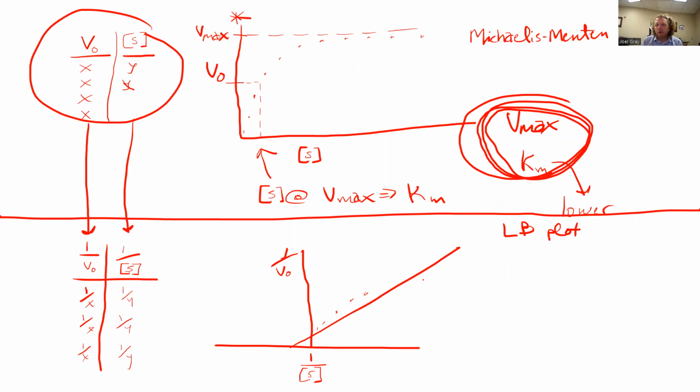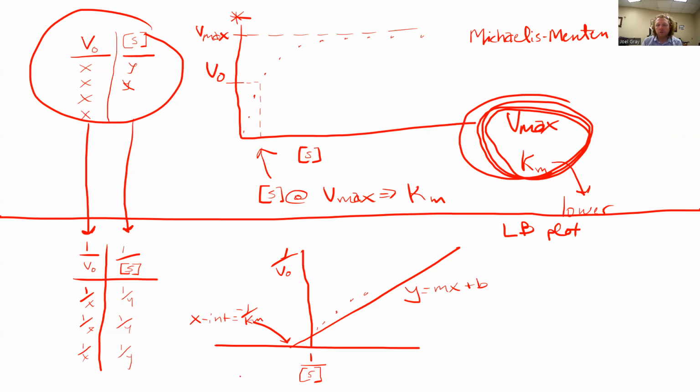Whenever you plot a graph and come up with a line of best fit, you'll come up with y equals mx plus b. Now, in order to use that, it's important to also know that your x-intercept is equal to negative 1 over Km.